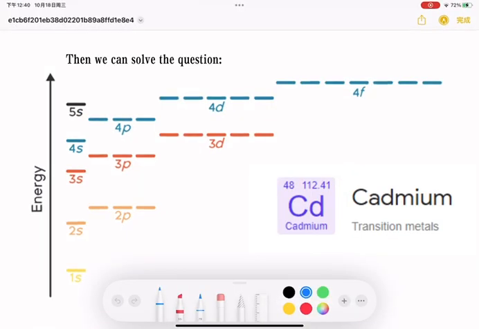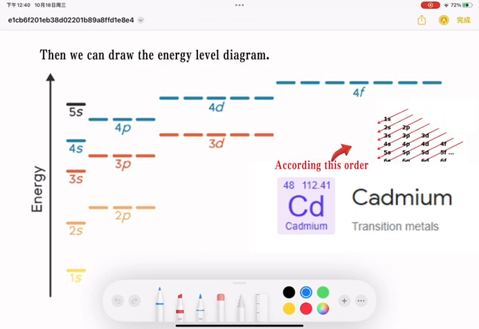Then we can solve the question. We can find the atomic number of cadmium is 48, which means it has 48 electrons. Then we can draw the energy level diagram.